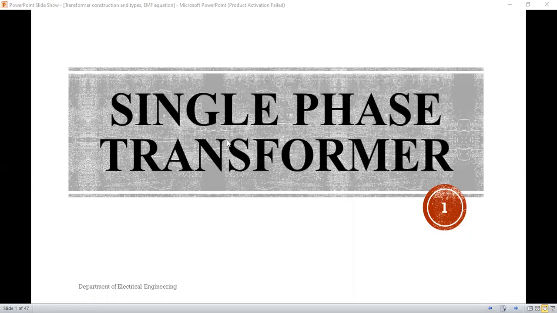We have already found out its efficiency by performing the test, as well as we have already solved some problems related to that.